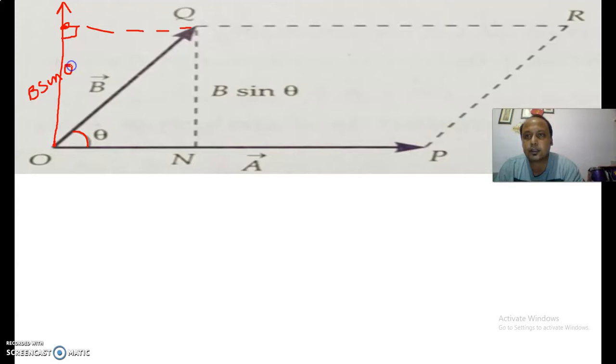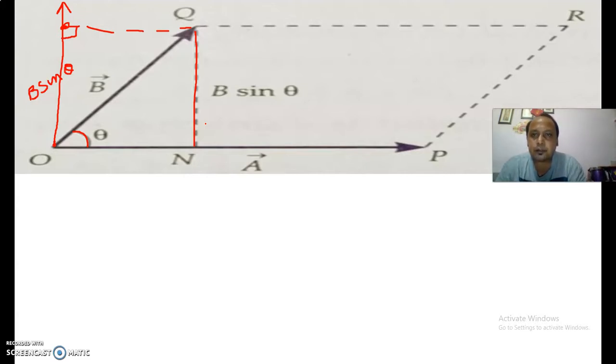So this is the component of vector B along the y-axis. This distance, which is NQ, where N is the point at which it is perpendicular to vector A, is B sine theta. The same length QN, which is also B sine theta, is the component of vector B along the y-axis.